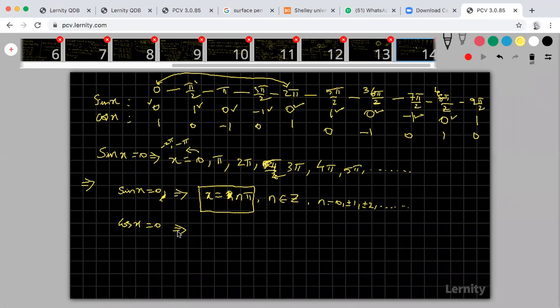Cos x is 0 means conclude that x. What about your x? Okay, so see for what values of x cos x is 0. Look at that, cos x.